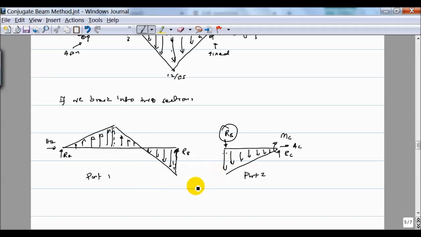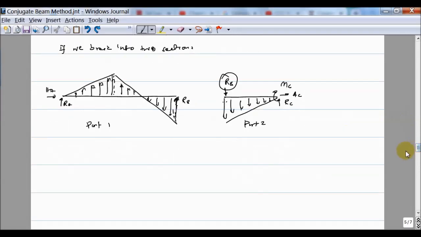Okay, so now we need to find RB and RA. Consider this one as 6 over EI and this one as 12 over EI. To find RA and RB, we have to resolve the equilibrium conditions. If you balance all the forces in the horizontal direction, you'll find HA to be 0, and if you balance all the forces vertically, the sum is 0.